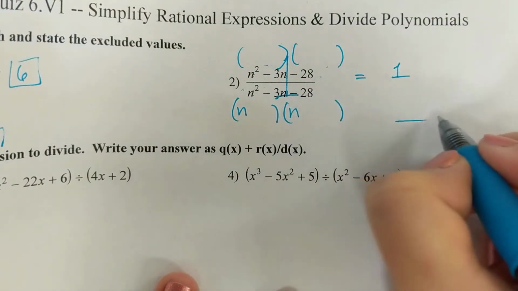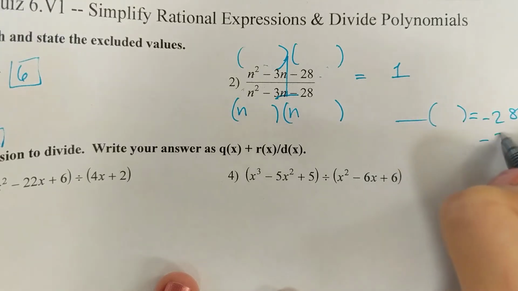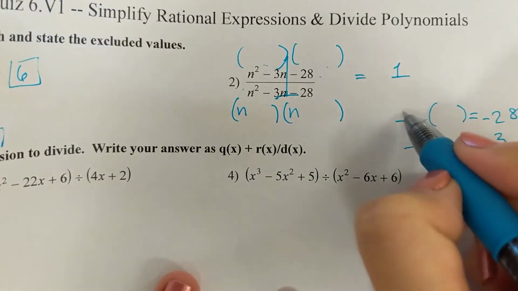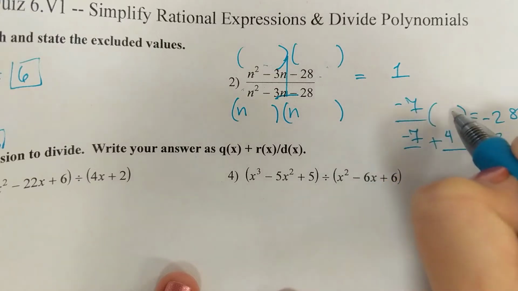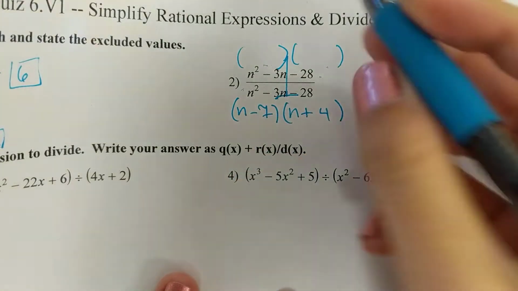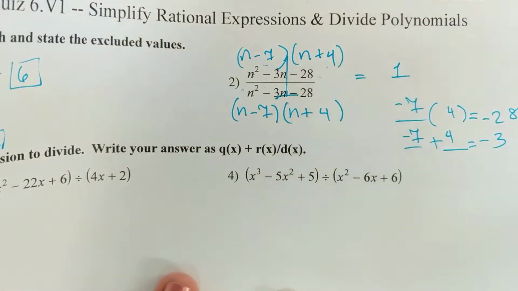So two numbers that multiply to give me negative 28 and add or subtract to give me negative 3. P's and Q's, that would be negative 7 plus 4, negative 7 times 4. Of course, that's how it does end up factoring on the top, and so I'll put it in.